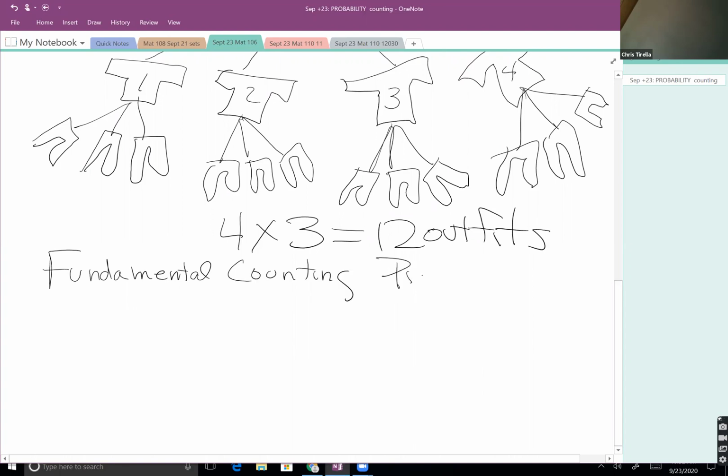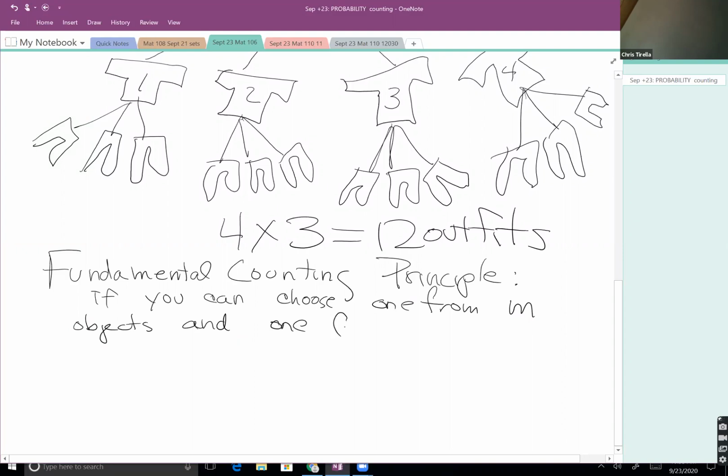The fundamental counting principle says that if you can choose 1 from M objects, M being a variable, and 1 from N objects, N being a variable, then there are M times N total choices.